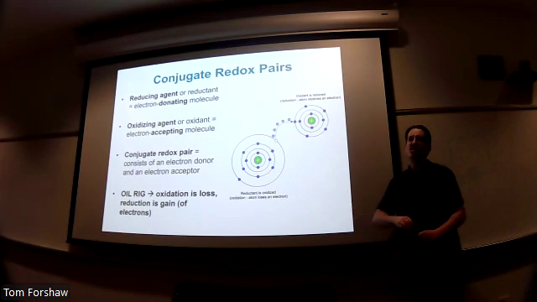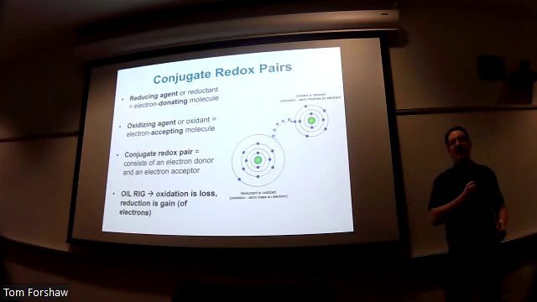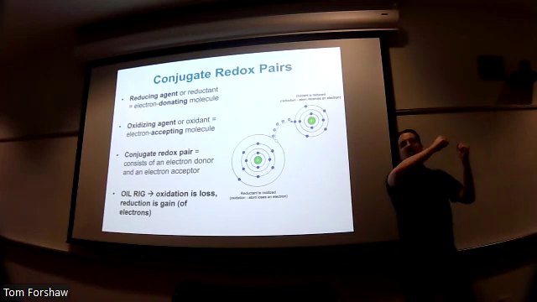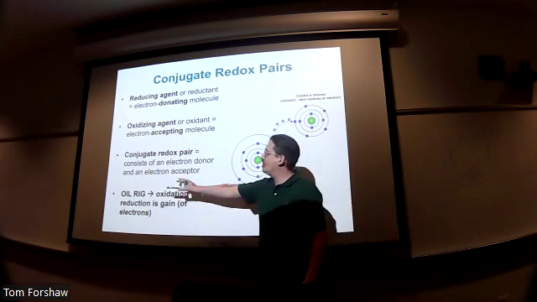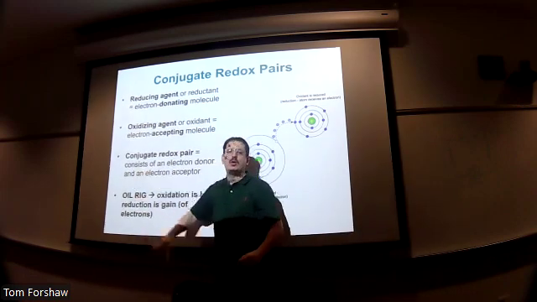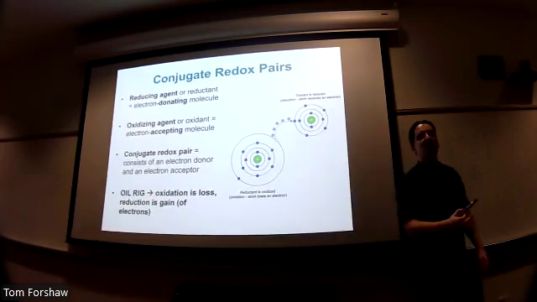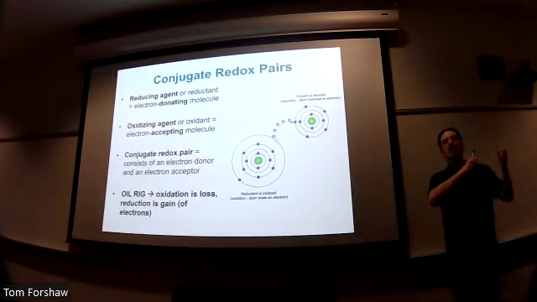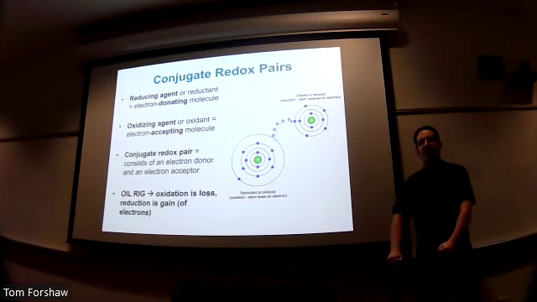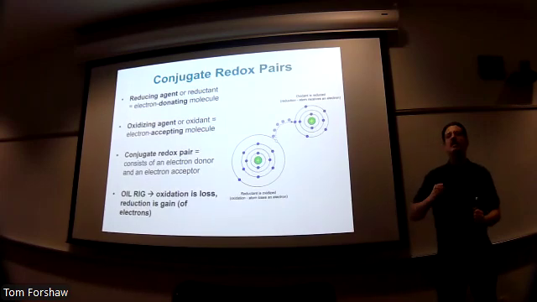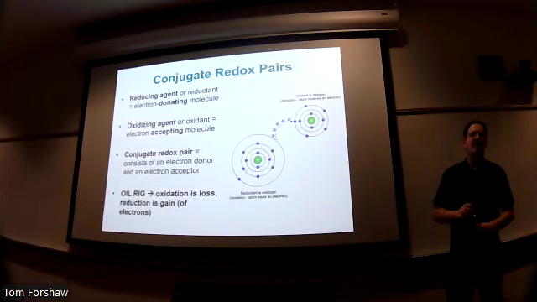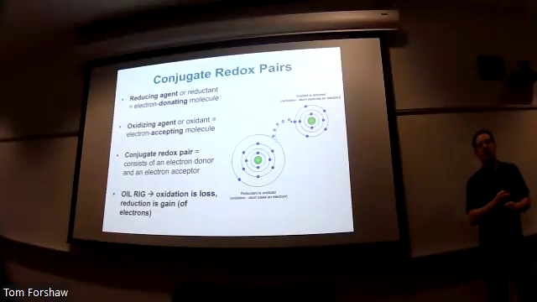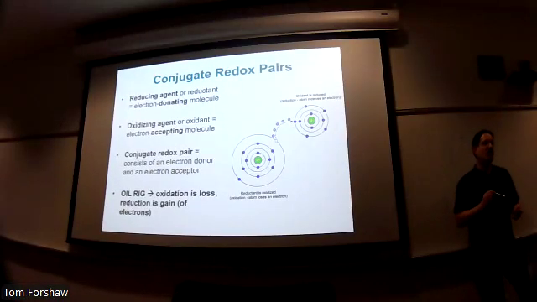So as sugar gets oxidized, it loses electrons because oxidation is loss. Your sugar that you consume loses electrons. At the same time, something is reduced. In glycolysis, the TCA cycle, you guys are all biologists.